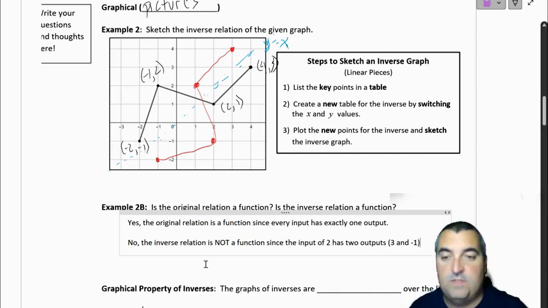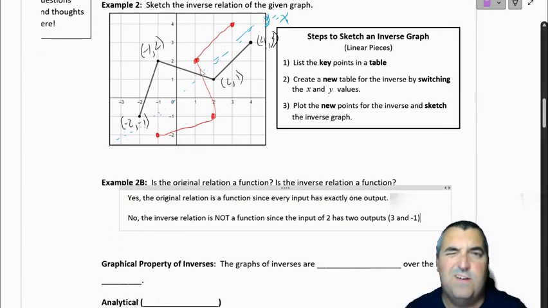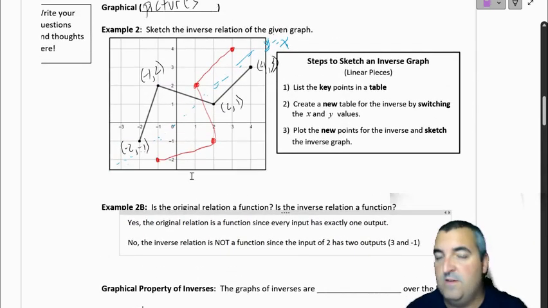And there you go. That's enough to say why the inverse is not a function. You don't want to say vertical line test because that's not enough.